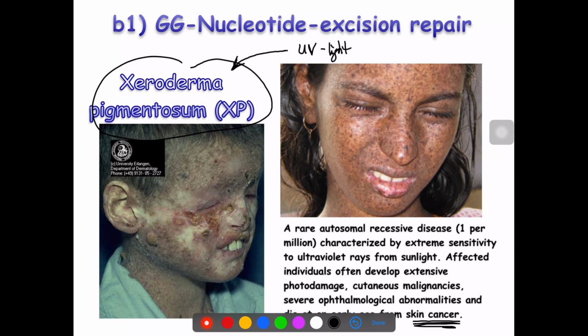And so following that logic, scientists were able to characterize the different enzymes that are involved in the pathway of global genome nucleotide excision repair. And because of that association with this disease, many of the enzymes that were identified were then denominated XPA or XPB or XP whatever. So the names of many of the enzymes involved in this pathway start with XP.